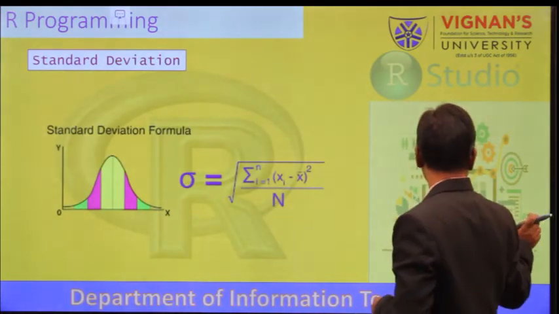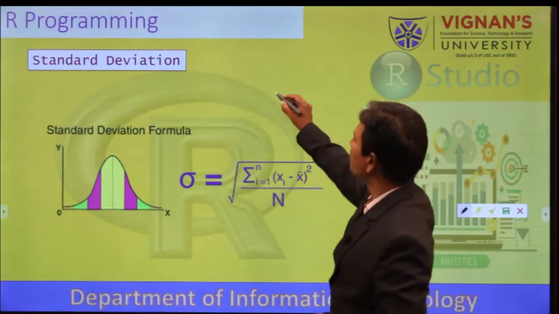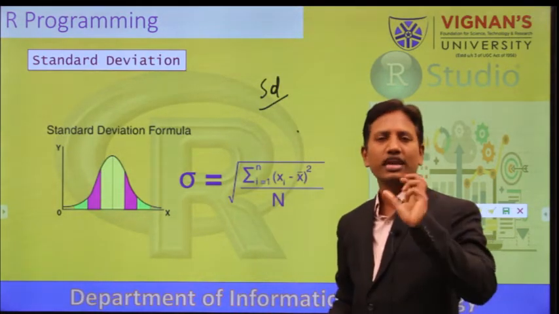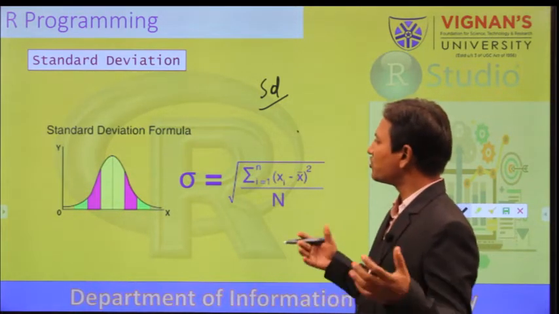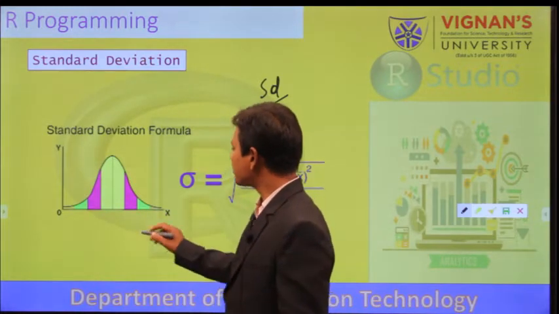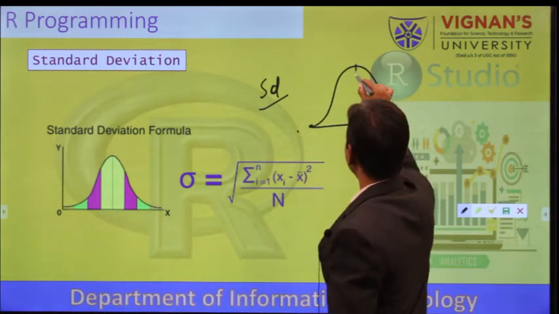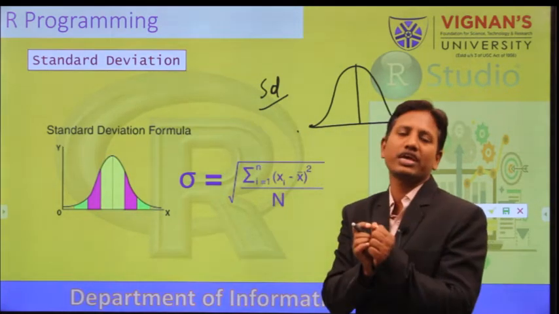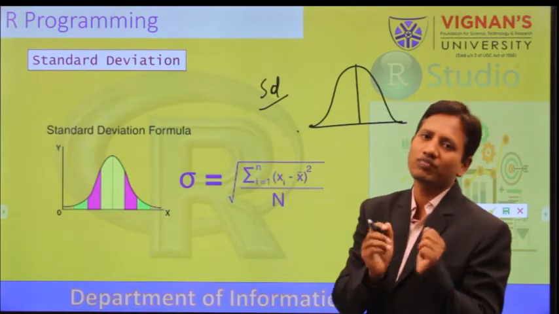And standard deviation, SD, is an important characteristic in statistics. We assume that our data follows a normal distribution. This curve we call a normal distribution. In the sense, whatever set of values we have taken, those values are spread in a normalized or bell curve manner.